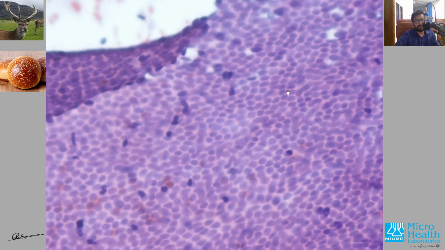So this is a higher power of that sheet. So all these cells, these are those cohesive clusters of cells. So these are all ductal epithelial cells.